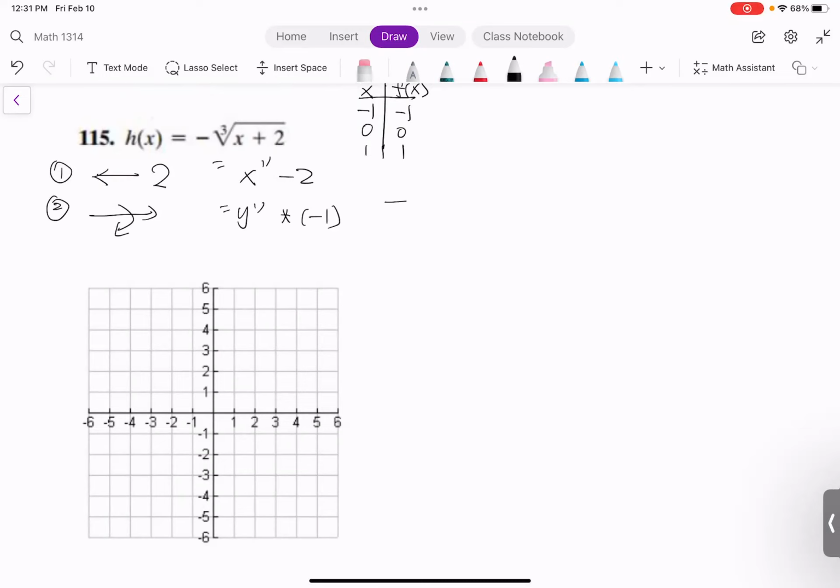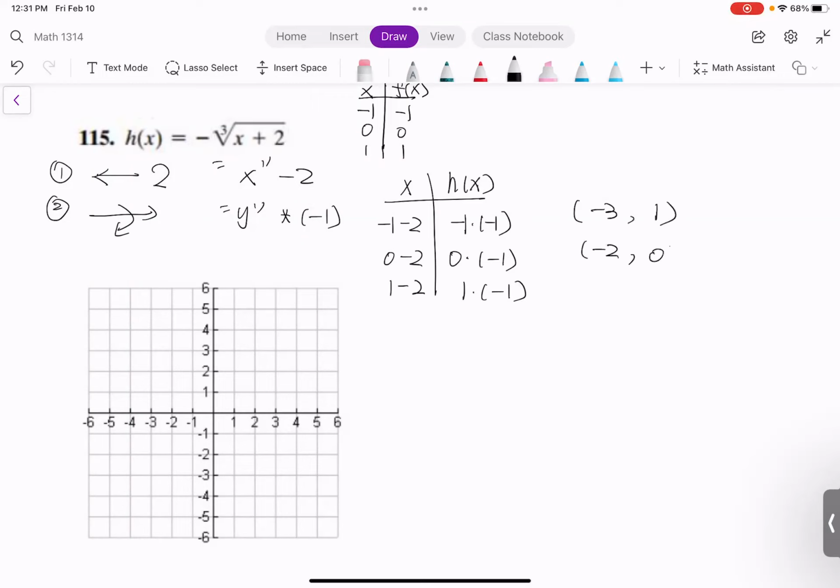Let's see the new key points, x, h of x. X subtracted by 2: -1 minus 2, 0 minus 2, 1 minus 2. The y part times -1: -1 times -1, 0 times -1, and 1 times -1. They are (-3, 1), (-2, 0), (-1, -1).